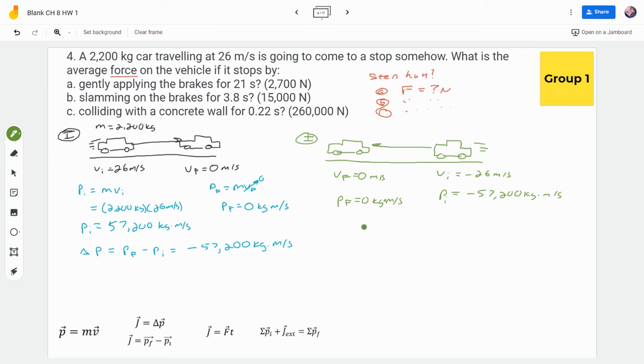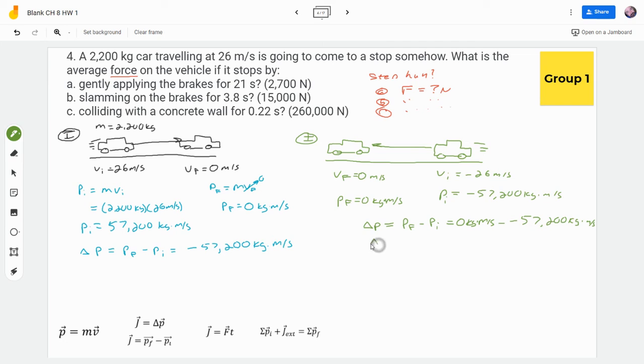If you do it this way, delta P equals P final minus P initial. Well, now we've got 0 kilograms meters per second minus, because we're subtracting a negative this time, 57,200 kilograms meters per second.